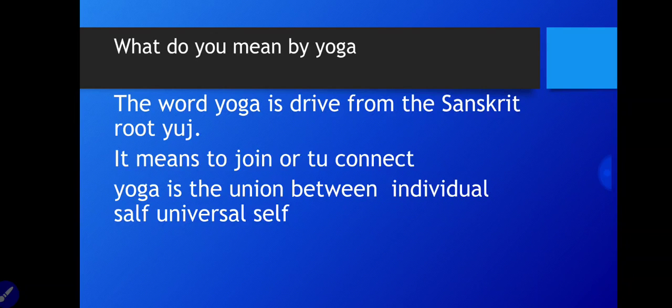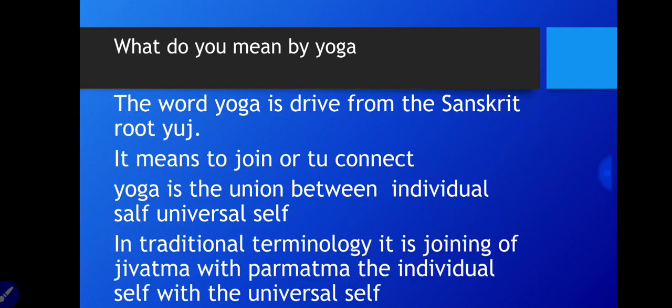According to the yoga philosophy, the yoga method unites Atma with Paramatma. The yoking of all the powers of the body, mind, and soul to God is called yoga. In traditional terminology, it is the joining of Jivatma with Paramatma, the individual self with the universal self.